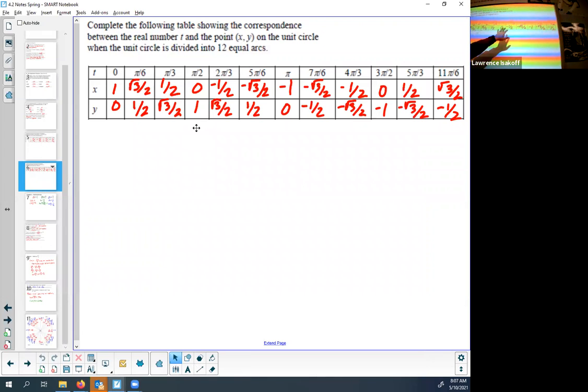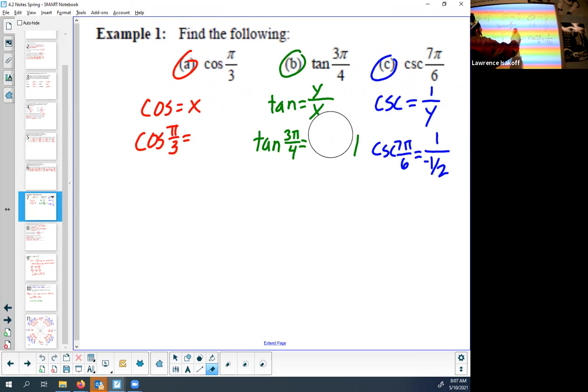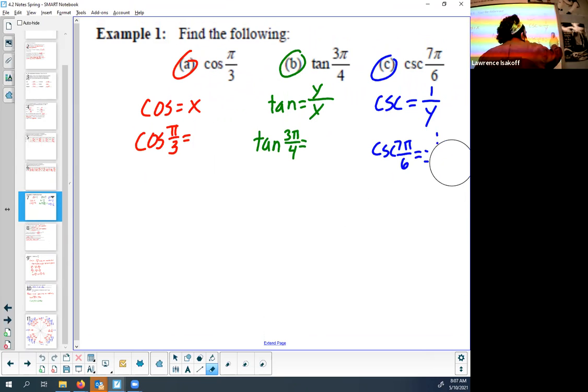Honestly, it's going to be easier to work on memorizing off of the unit circle. Okay, let me quickly erase this part. I just want to quickly go over how we do these.